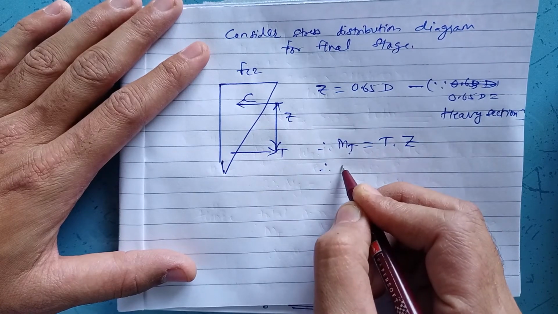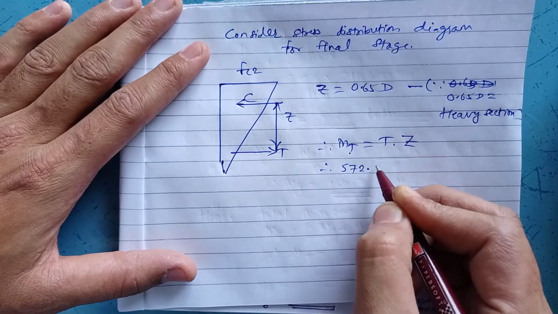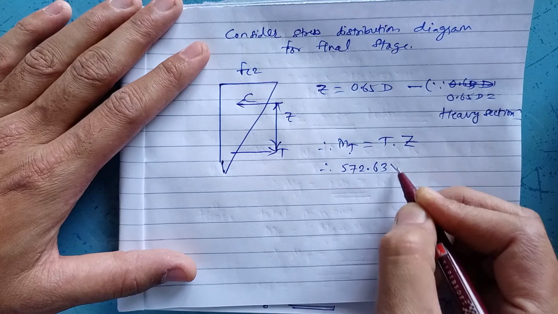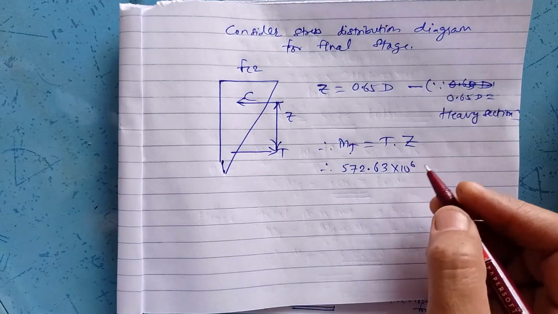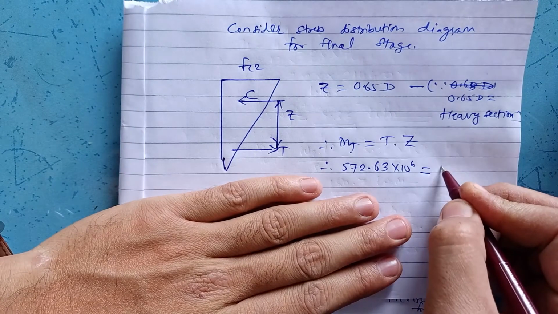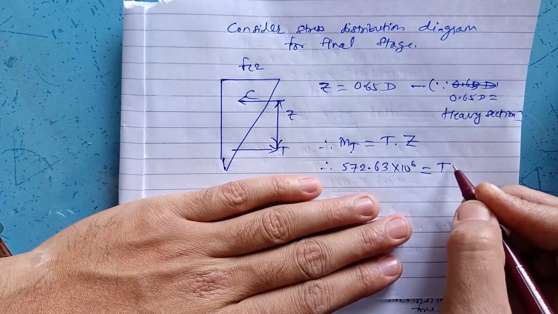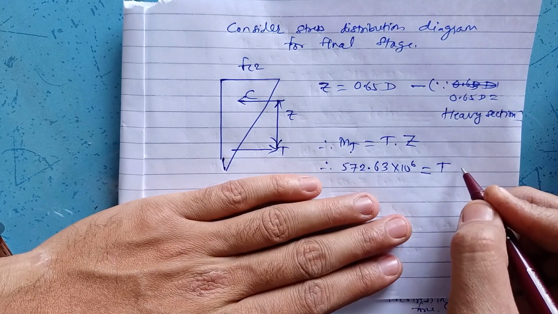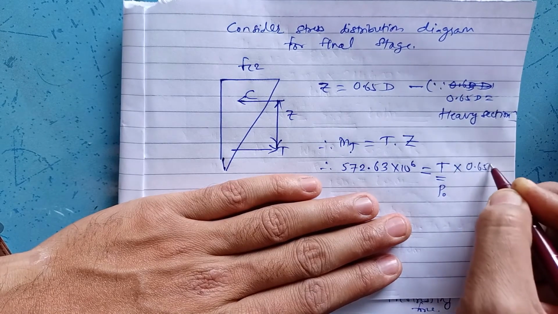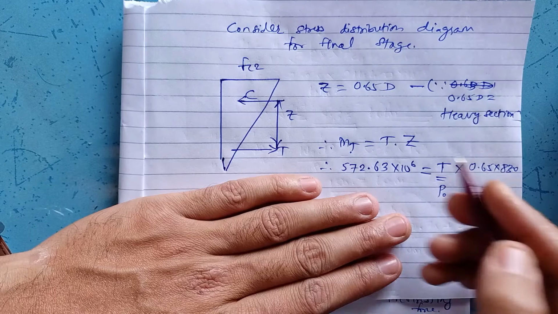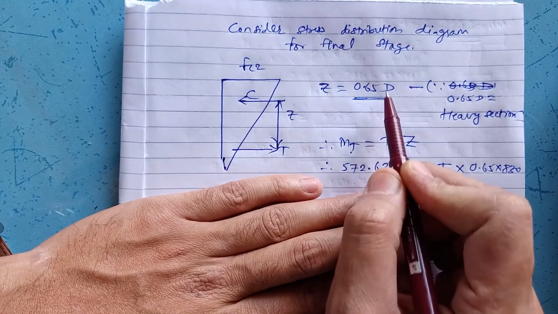Mt we have calculated as 572.63 into 10 raised to 6, converting kilonewton meter into Newton mm, is equal to T, that is the tensile force at the final stage, or you can say P0 into Z. Z is nothing but 0.65 into 830, that is 0.65 into D, the overall depth.